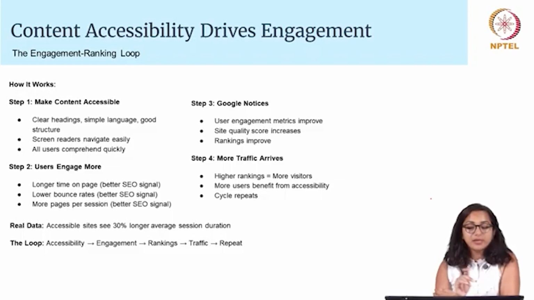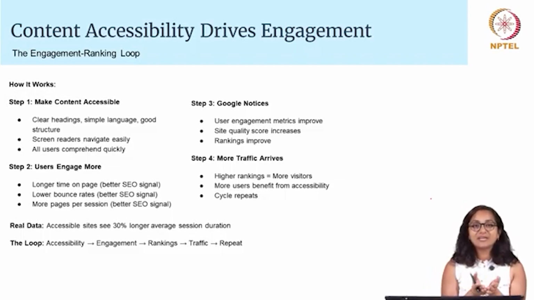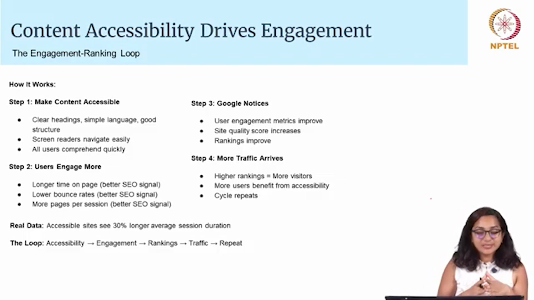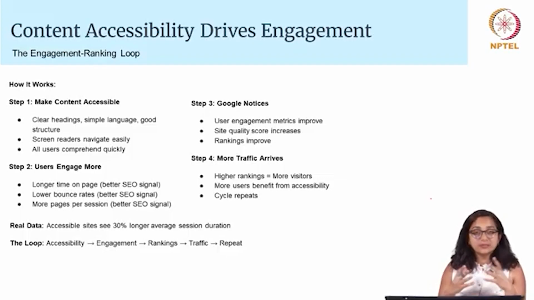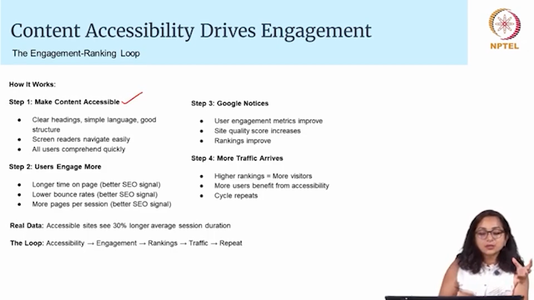So, content accessibility drives engagement. I think that is what we are trying to establish in this session, the engagement and ranking loop. So how does it work? Step 1 is make content accessible.